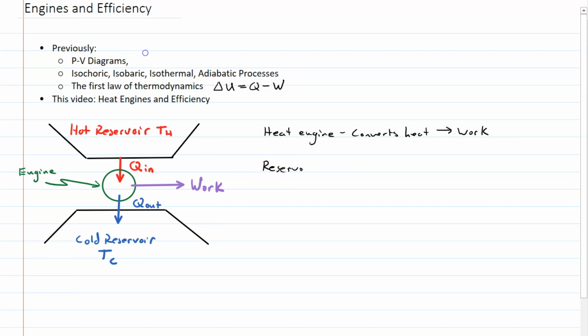A reservoir is a very large source of heat, let's say, and it has a temperature T_H. So the hot reservoir has temperature T_H. That's going to be the thing that provides the input of heat. And then T_C will be the temperature of the cold reservoir.